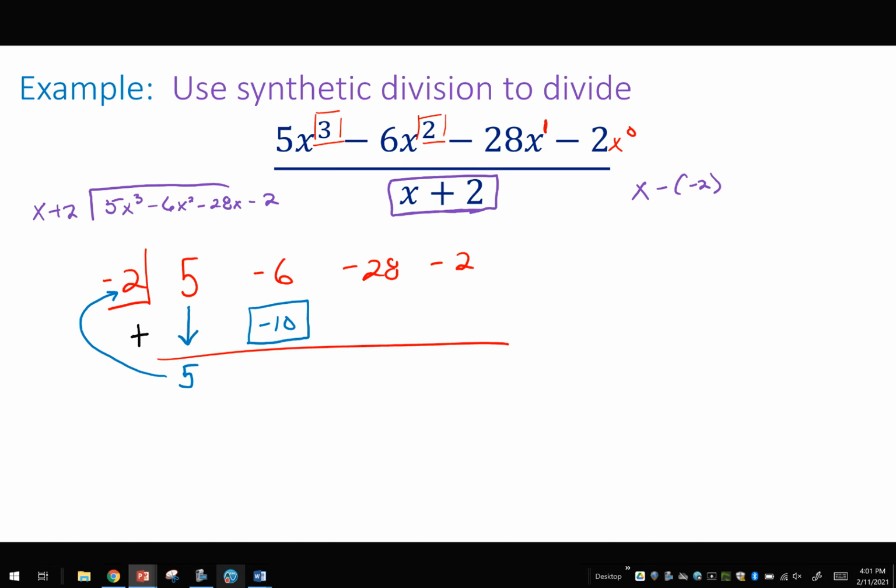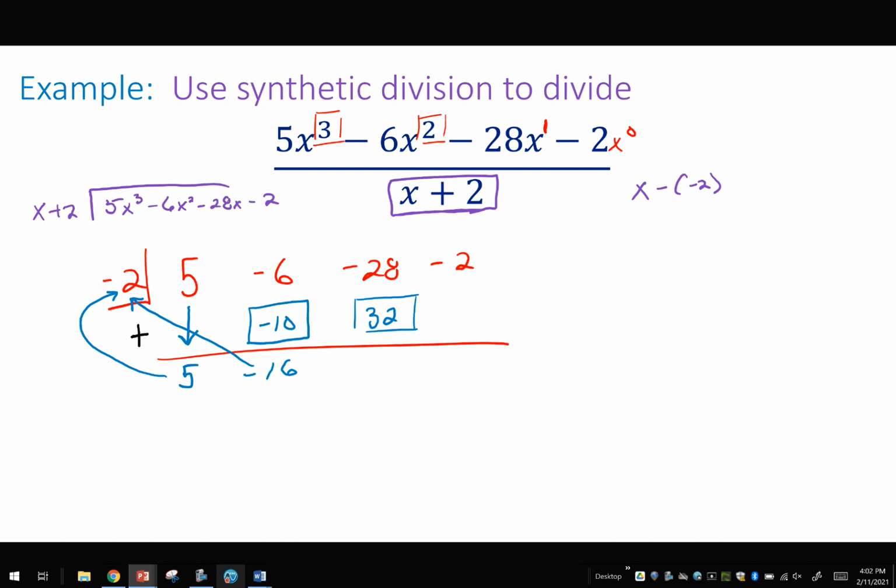And then again, we are going to add vertically. So negative 6 plus a negative 10 is negative 16. Now we're going to take negative 16 and multiply it by negative 2. Put that product over here, which becomes a positive 32.